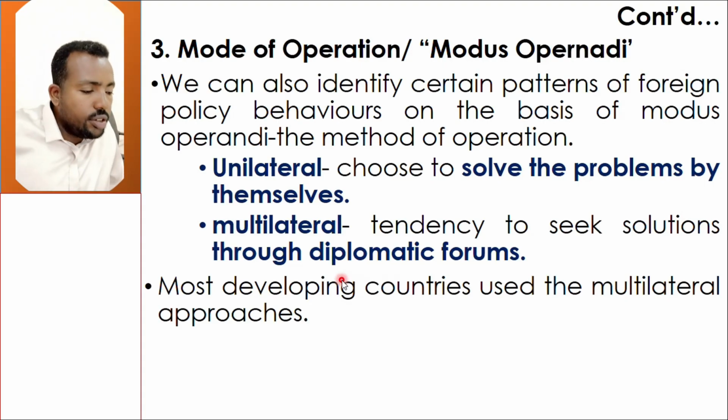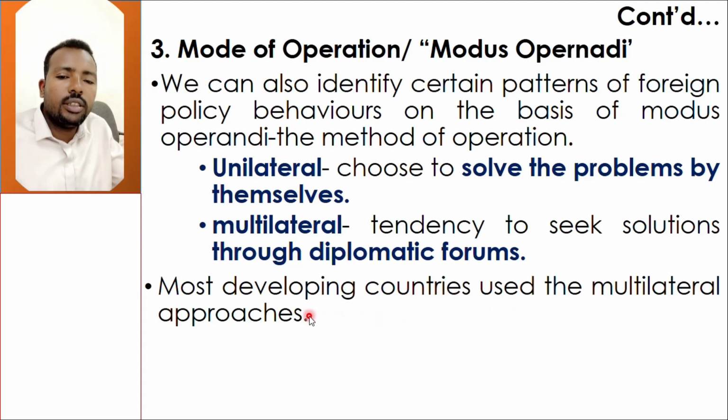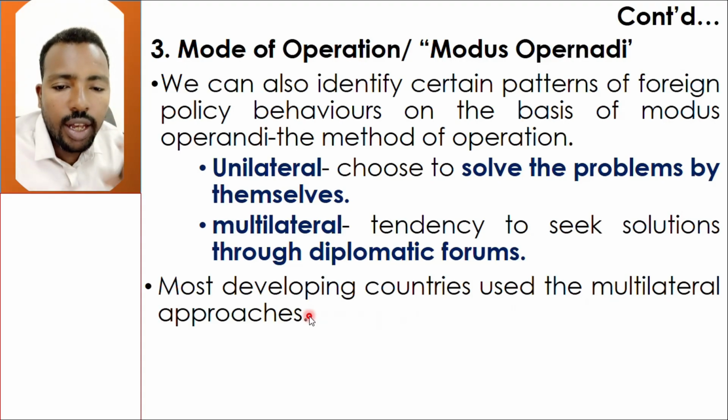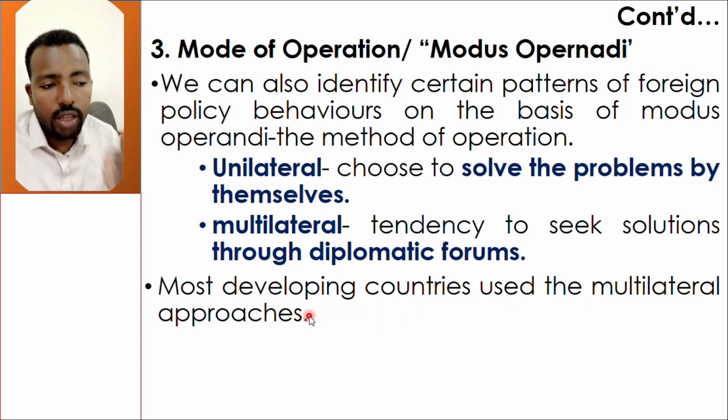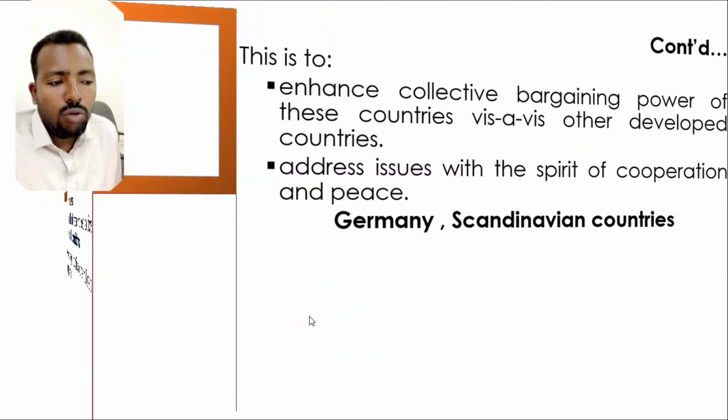Most developing countries use the multilateral approach because there are many limitations they face. So, to fill that limitation or resource gap and other technical gaps, these developing nations choose to be in that multilateral forum. So, this is the way they operate.